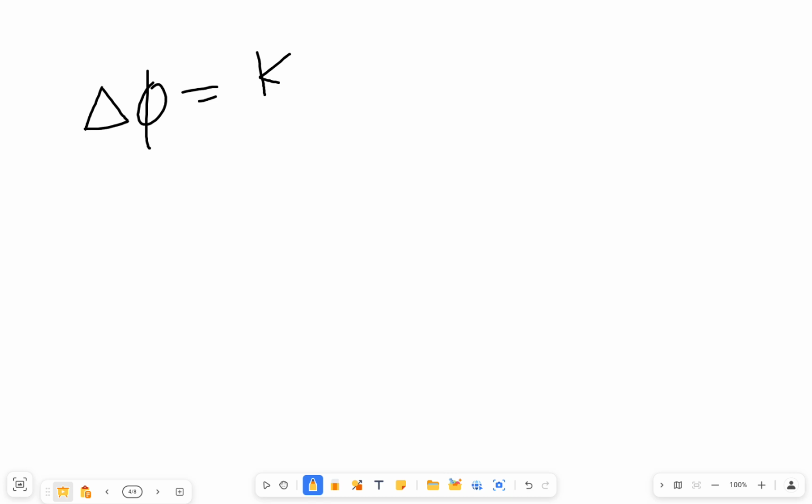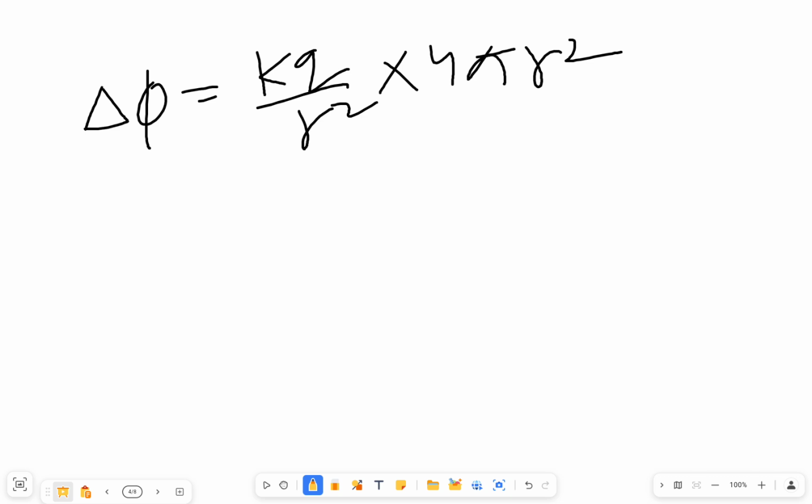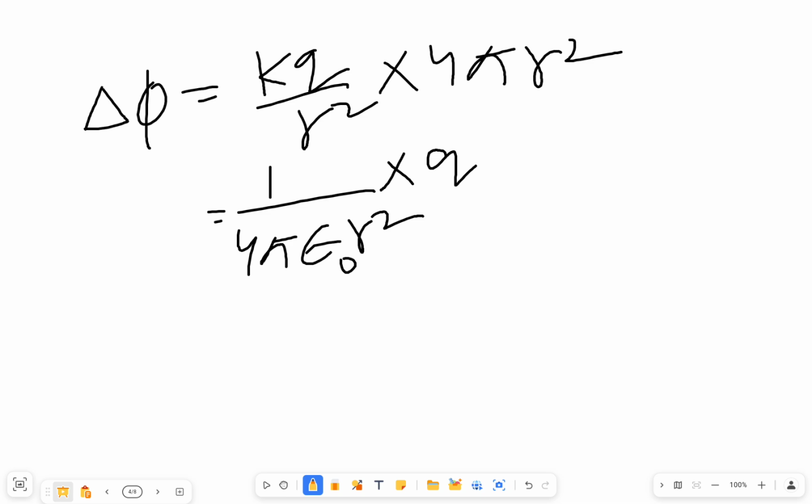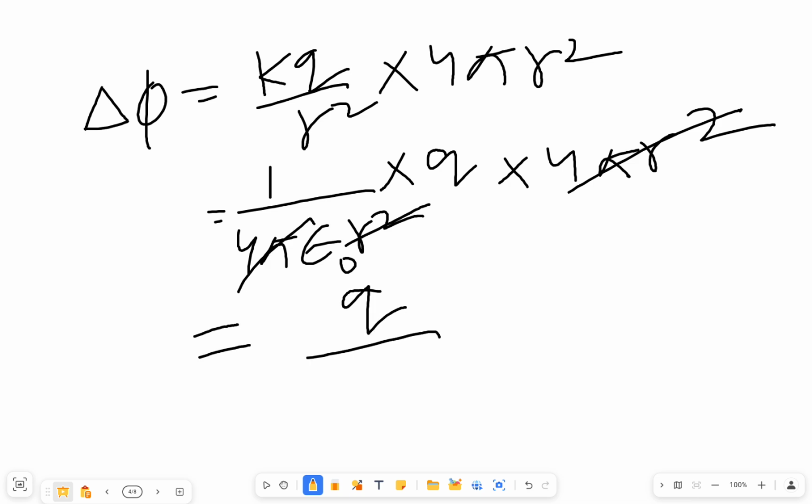Let's write it once again, kq by r square into 4 pi r square. So k is 1 by 4 pi epsilon naught, into q by r square, into 4 pi r square. 4 pi r square cancels out, and so this is the Gauss equation, or the flux that is passing through a sphere.